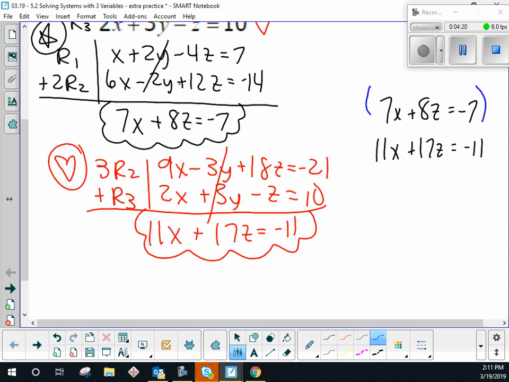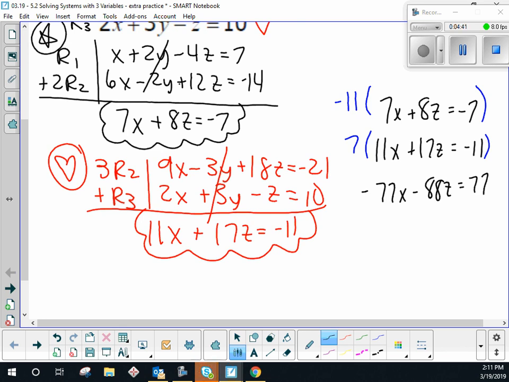So I'm going to multiply this row by negative 11, which means I have to multiply this row by what? Positive 7, right? Because I'm trying to eliminate the x's. So that is negative 77x minus 88z equals positive 77.